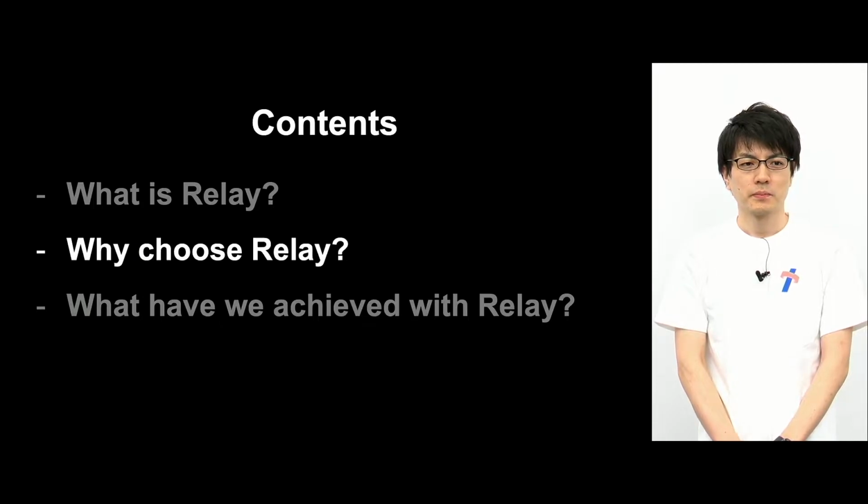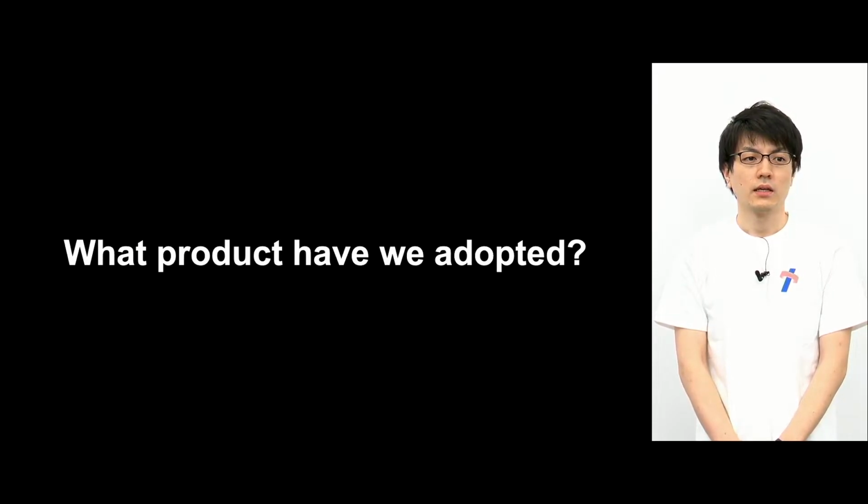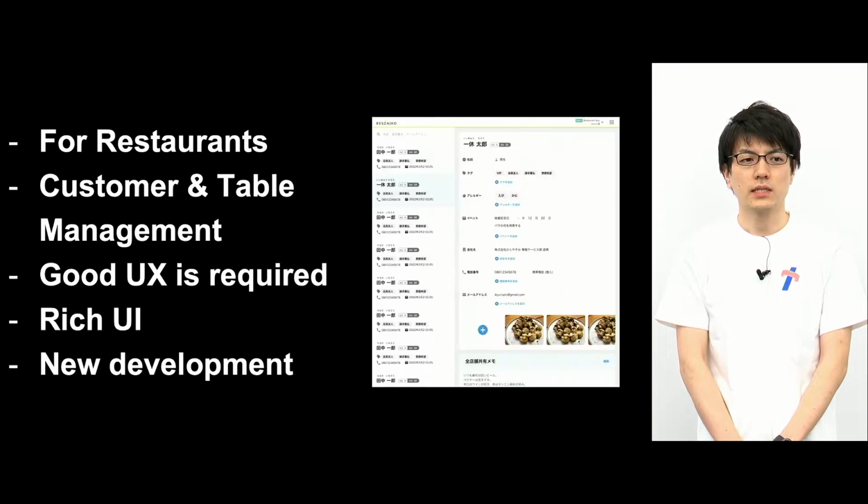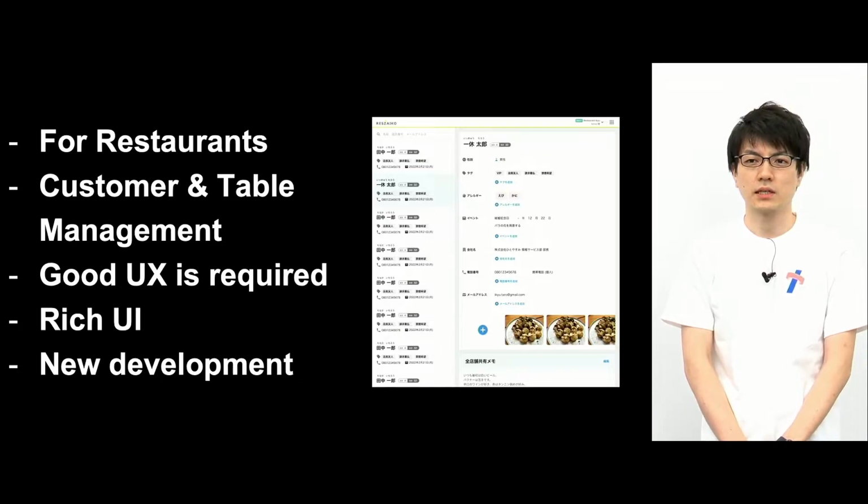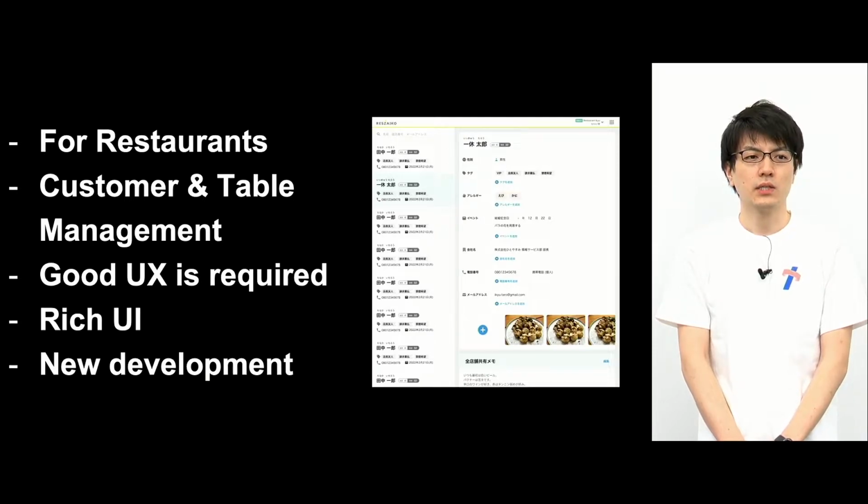So the next topic is why did we choose Relay? First, let me talk about which product we adopted it for, because it will be easier for you to understand why we chose it. Currently, what we're developing is used by restaurant service providers, capturing information of the customers coming to the restaurants, and also managing the tables.